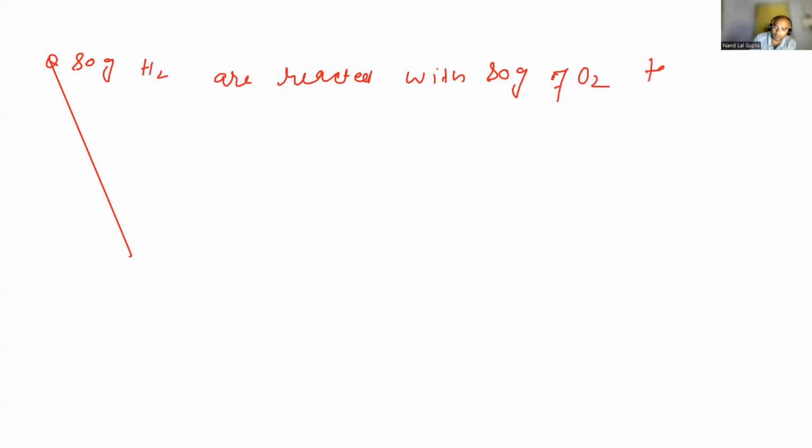Find the limiting reagent and the mass of H2O formed.